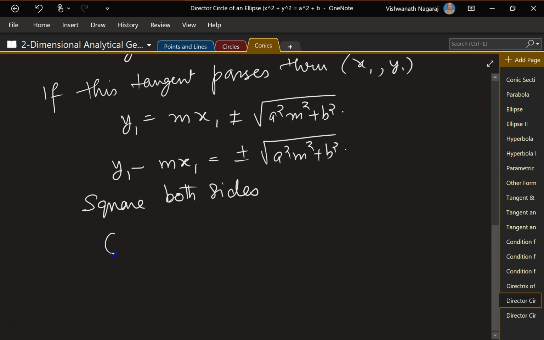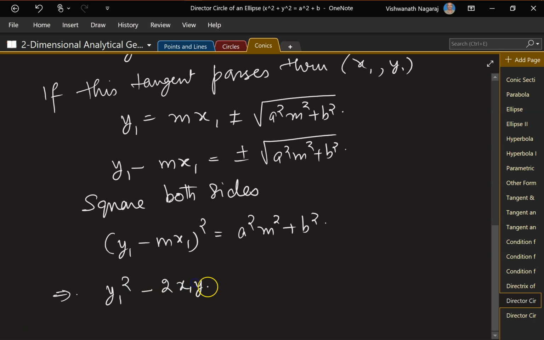So this becomes (y1 minus mx1) square is equal to a square m square plus b square, since the negative disappears once we square it, and the root disappears. Let's expand it: y1 square minus 2x1 y1 m plus m square x1 square is equal to a square m square plus b square.